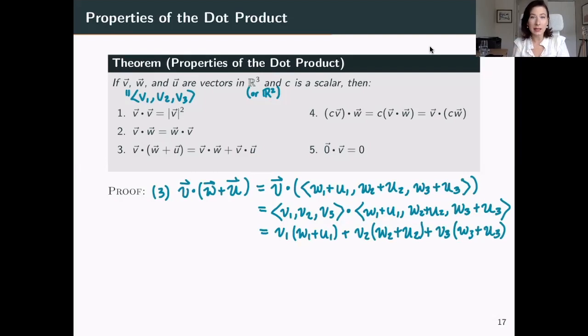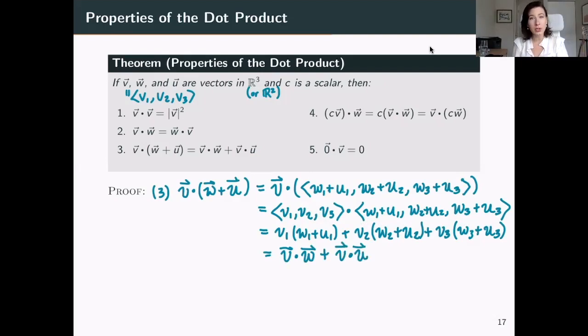Now we can use a little bit of algebraic manipulation, distributing v1 into the brackets, v2 into the brackets, v3 into the brackets. Once we do that, we can reorganize algebraically a little bit and see that this will end up giving me my desired result of v dot w plus v dot u.